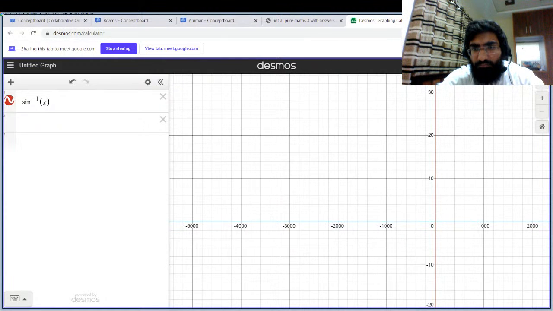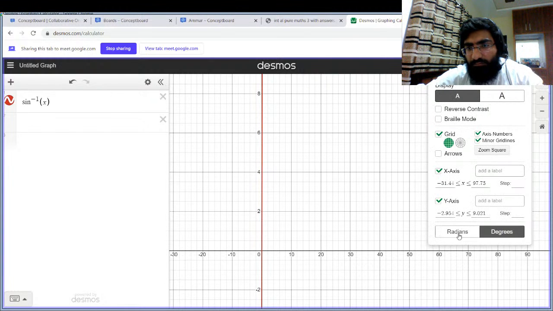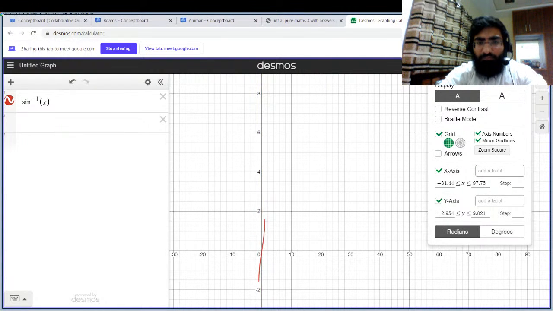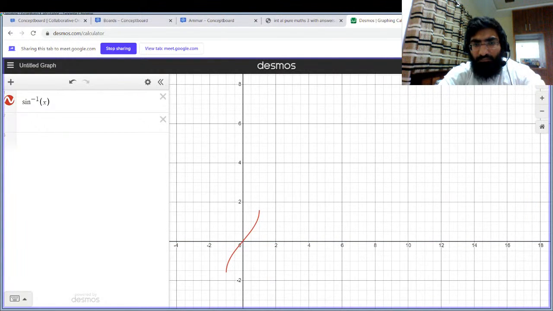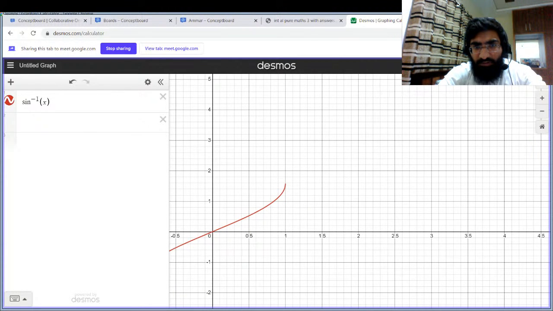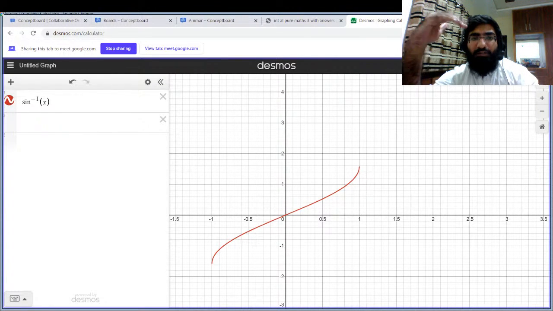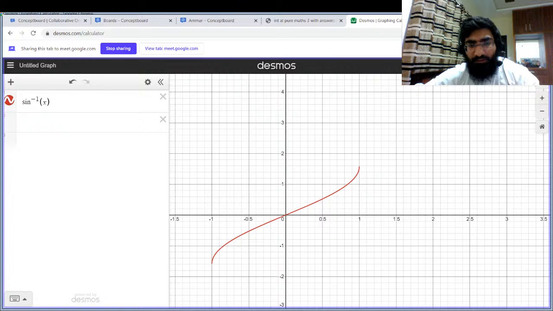Radians was fine. So minus 1 and positive 1, but vertically stretched, and pi by 2 plus pi by 2 would make it go upwards by pi by 2, right? Plus pi by 2 outside the bracket, yeah.